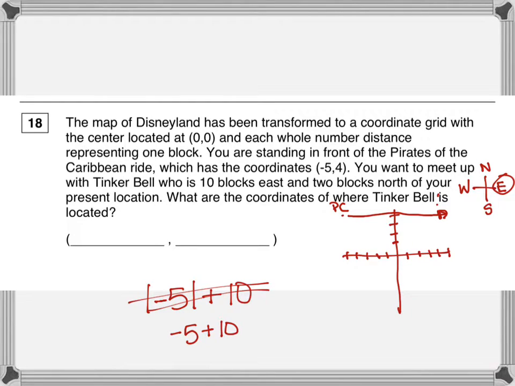All right, so that's positive 10. So -5 plus 10 equals positive 5. So that is my x coordinate. My y coordinate is 4. North would be positive 2 blocks. So that would be 6. So what are the coordinates of where Tinkerbell is located? 5, 6.